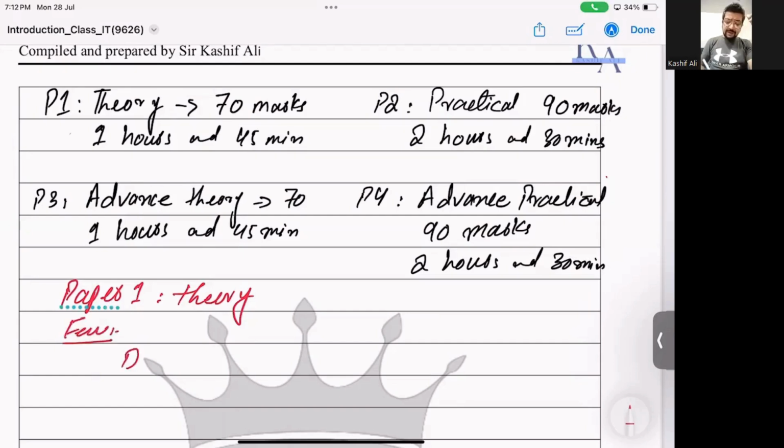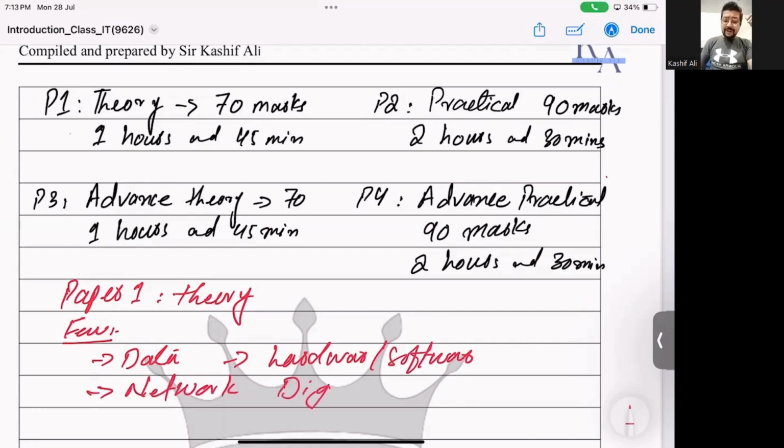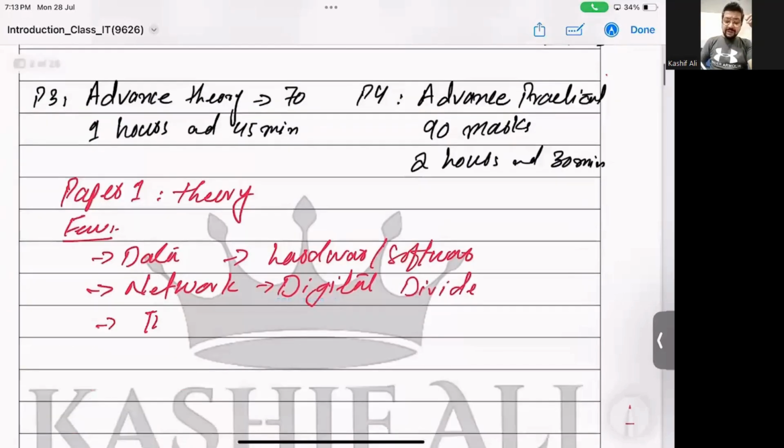Like I can say data, then hardware, software, networks, digital divide, the internet, and the World Wide Web.